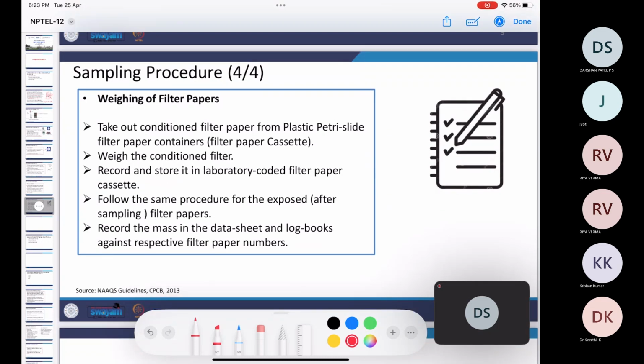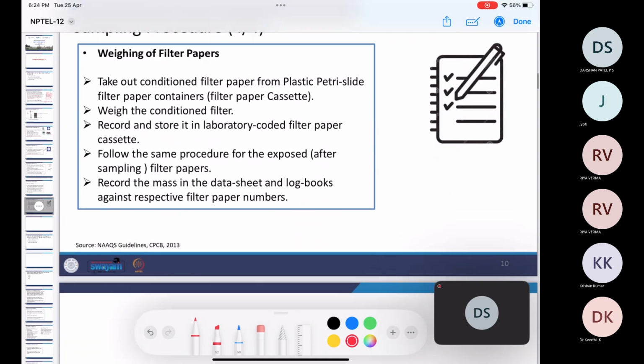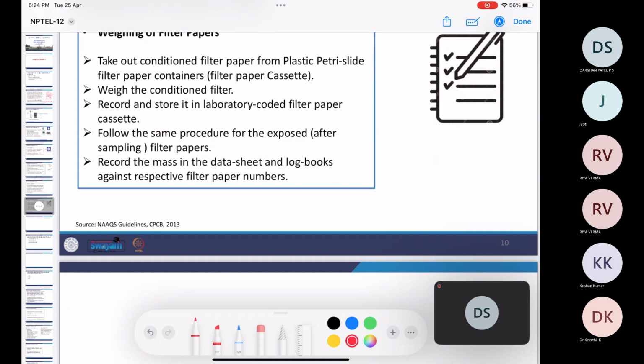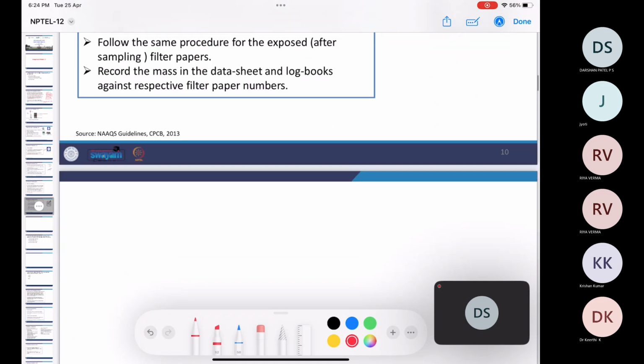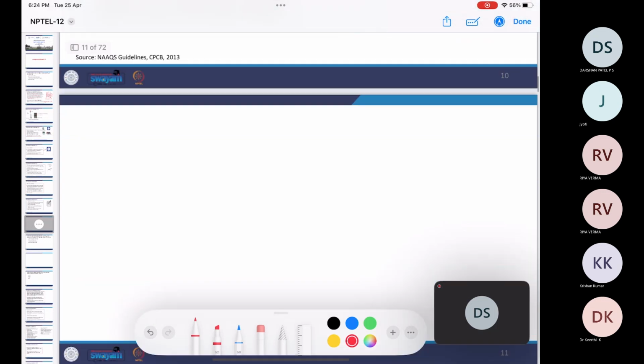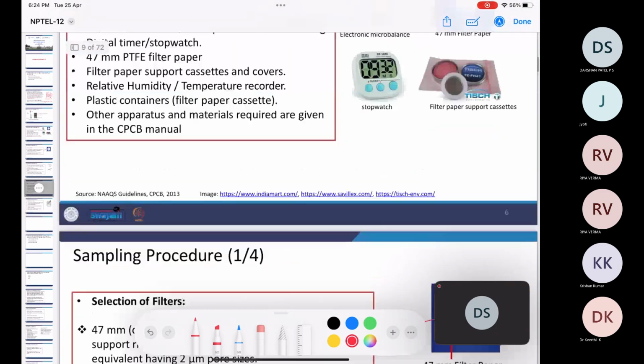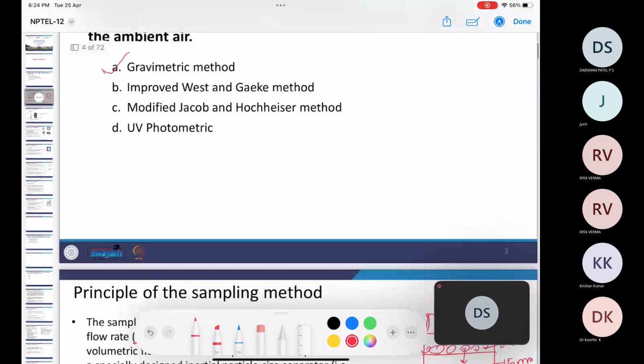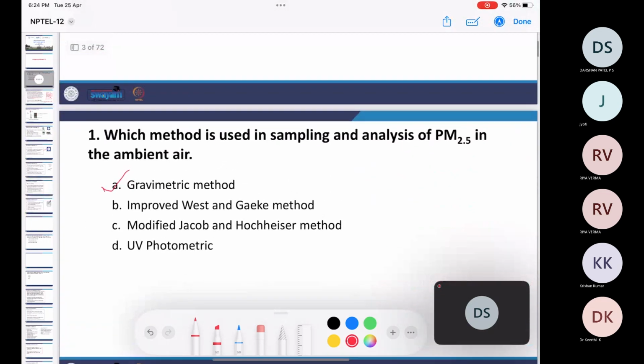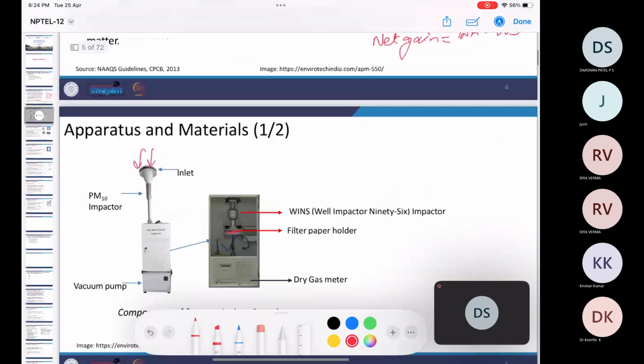Once we record the values, we put these filter papers onto the air samplers, and after the sampling is done, we follow the same procedure. Then the mass of the PM 2.5 is recorded in the data sheet and logbooks against the respective filter paper numbers. So this is how we do the gravimetric method for the analysis of PM 2.5 in the ambient air.